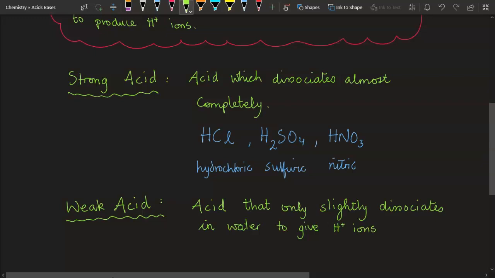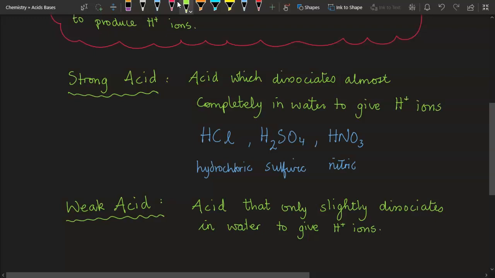Now again, if you wanted to make this a little bit more accurate up here, for an acid which dissociates almost completely, you would finish it off saying in water to give H+ ions. So that's the important bit, that's the full definition there.